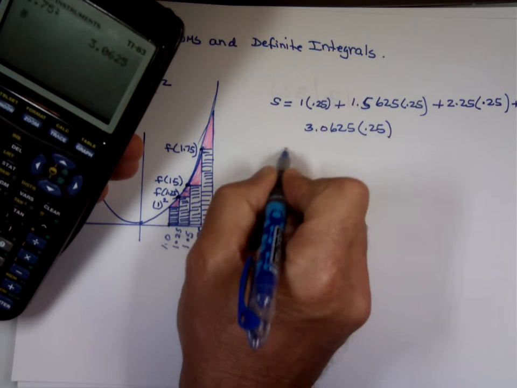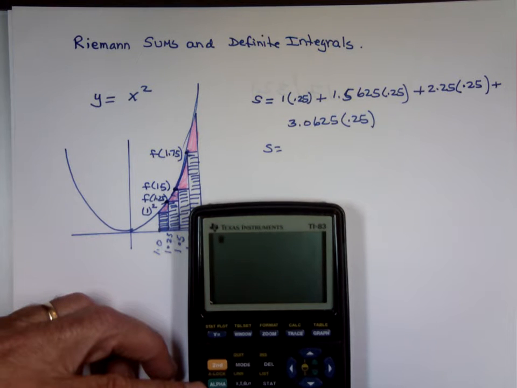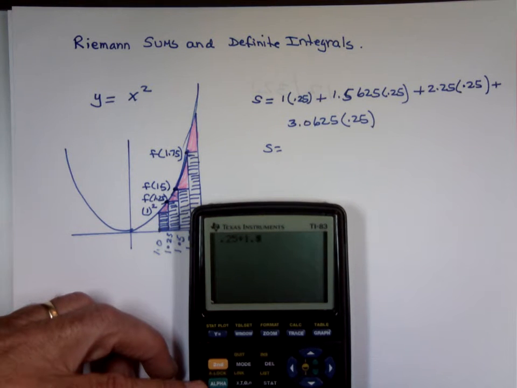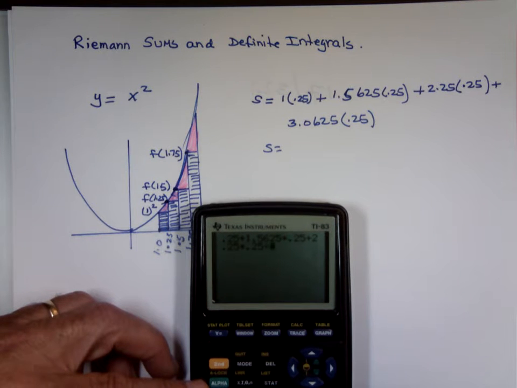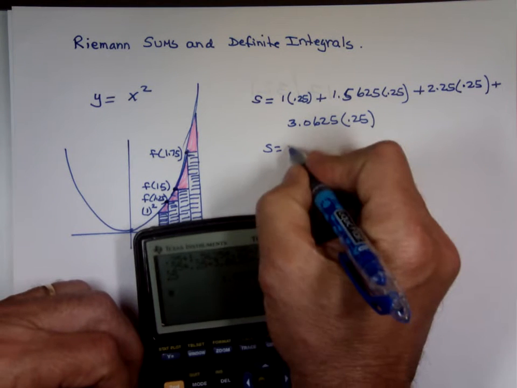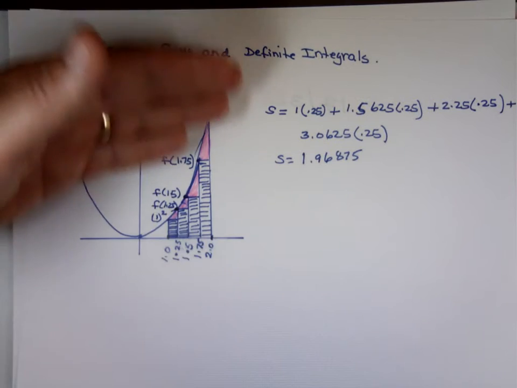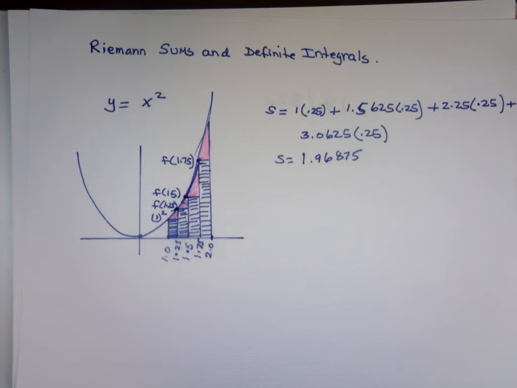So the lower sum, lower s, small s, you multiply these numbers and add them. 0.25 plus 1.5625 times 0.25 plus 2.25 times 0.25 plus 3.0625 times 0.25 equals, and the answer is 1.96875. So if I approximate the area by using the lower sum, that's what I'm going to have for an answer.